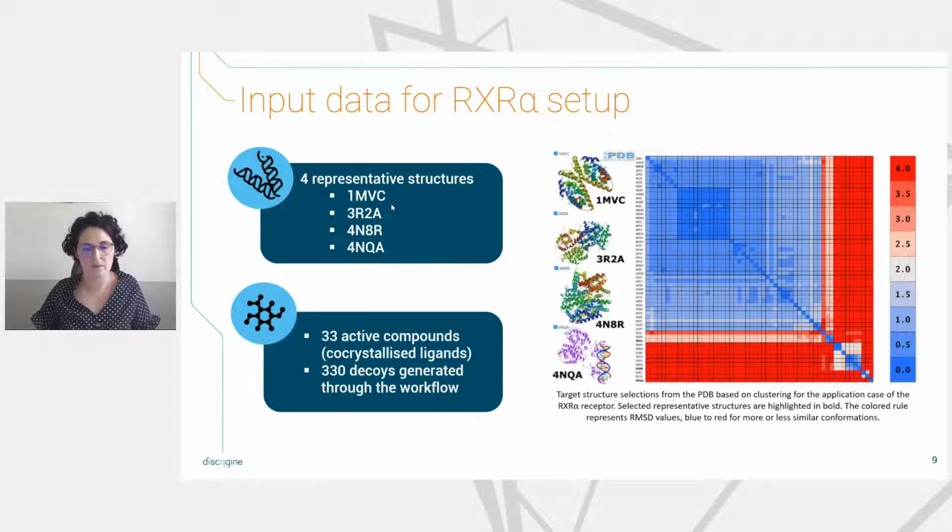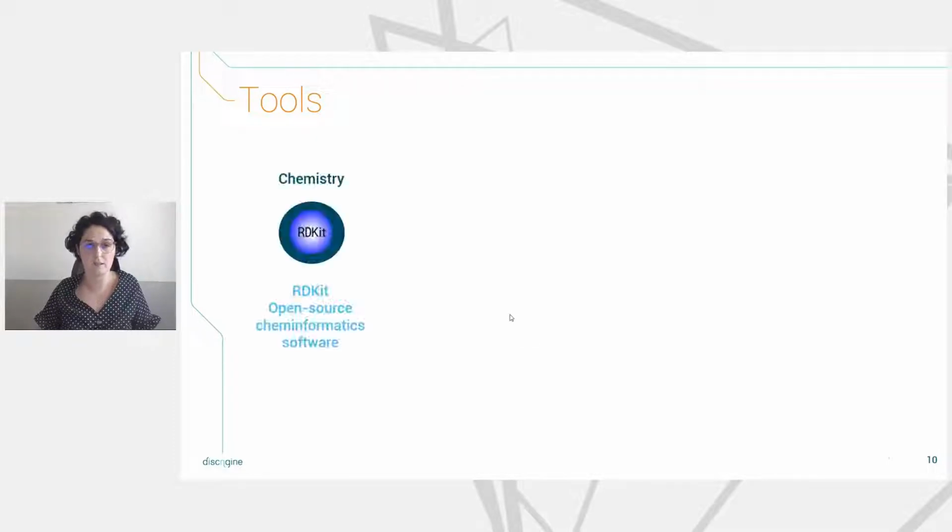Then, as the active compounds, we retained the 33 co-crystallized ligands, and we generated 330 decoys through the first section of the workflow. Concerning the tools we use in this workflow, as I already explained, in the first section it is RDKit nodes, so they are open source and everybody can use them.